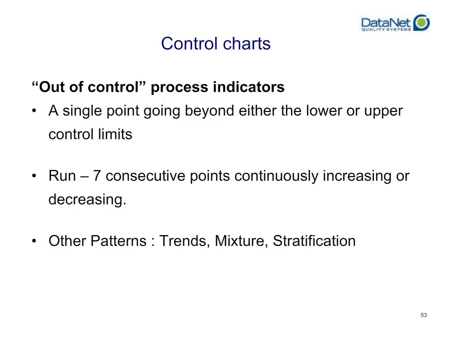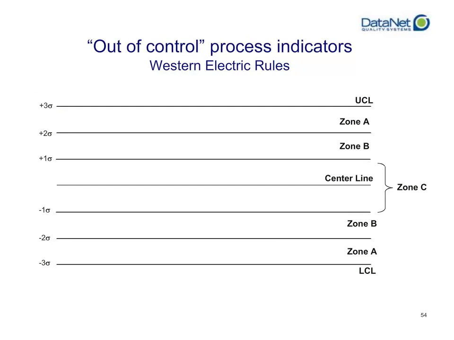Also, you can have a run of 7 consecutive points continuously increasing, decreasing, or not changing at all. Other patterns include things like trends, mixtures, and stratifications. In the next slides, we're going to actually demonstrate what each one of these different conditions could mean. So this slide is going to show you what the different out-of-control process indicators could be.